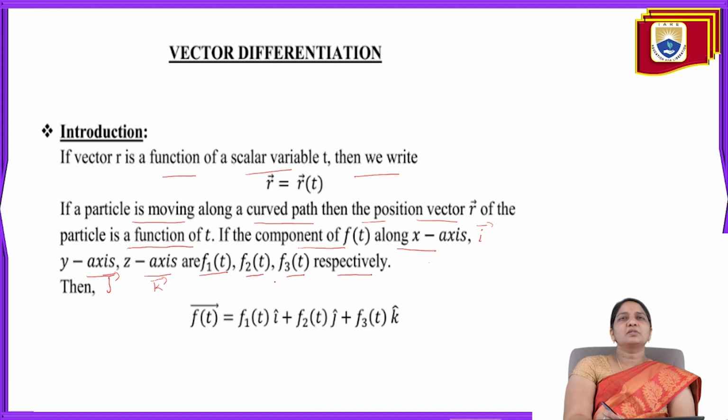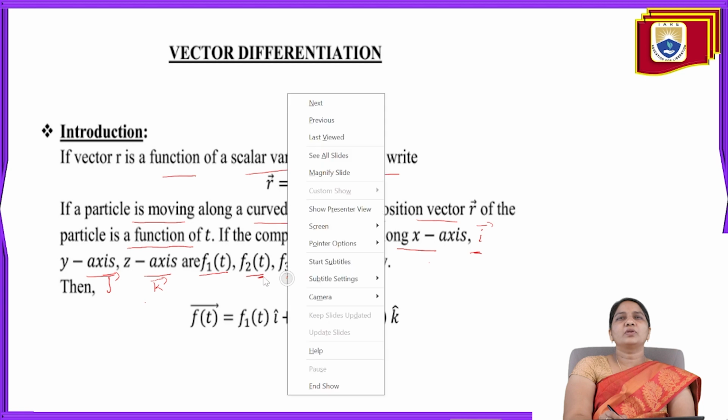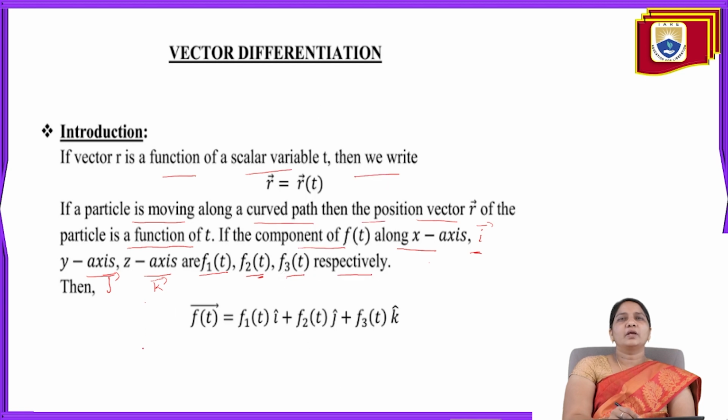So for the x-axis, f1 of t with the vector i bar, for the y-axis, f2 of t with the vector j bar, and f3 of t with the z-axis vector k bar. Based on this we can write f of t equal to f1 of t into i bar plus f2 of t into j bar plus f3 of t into k bar.